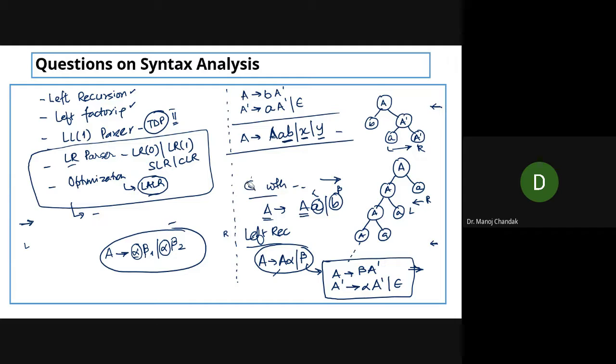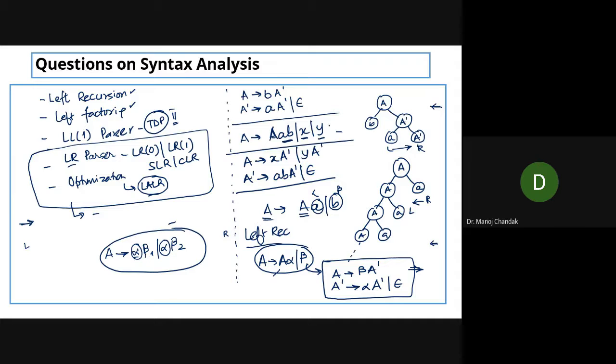Okay. So now how will you write? You will write A tends to beta 1 X A dash or Y A dash. And next you can write A dash tends to what? AB A dash, followed by epsilon.